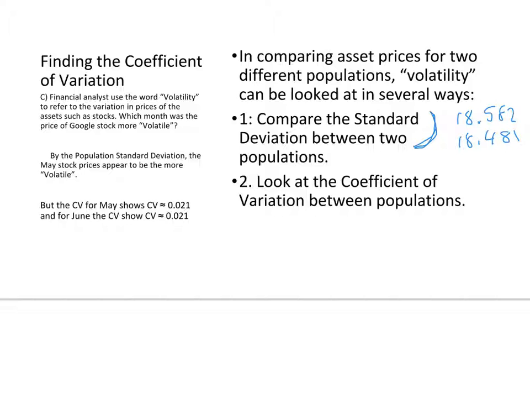But now when we look at the coefficient of variation between the two populations, remember what CV is. CV is equal to sigma x divided by x bar, or in this case, it's mu, right? Because we have the population mean in this particular case.